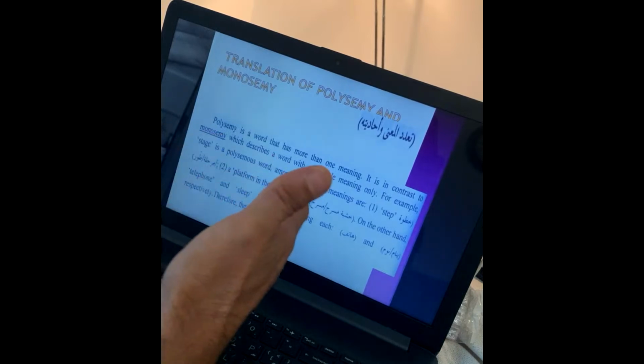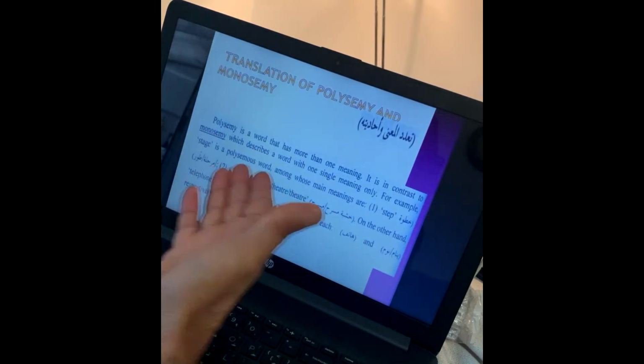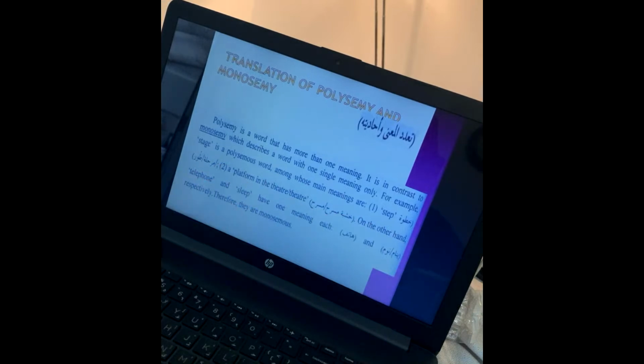For example, if somebody has actually asked me to translate this text, which is not that difficult a text, but it's actually related to linguistics and semantics, so it can be also problematic.